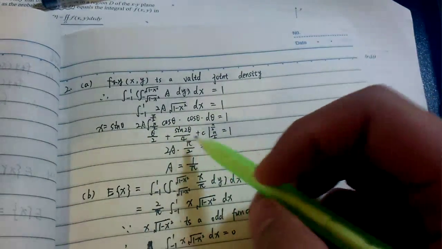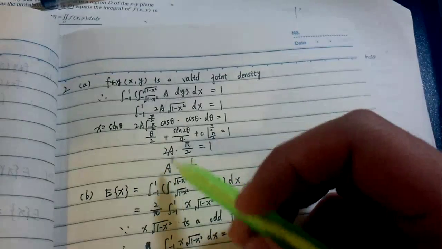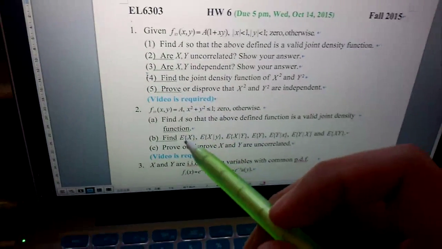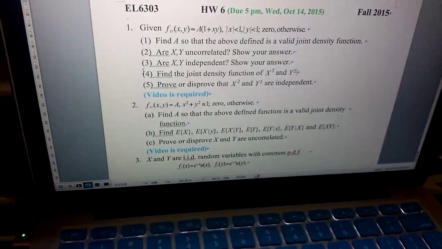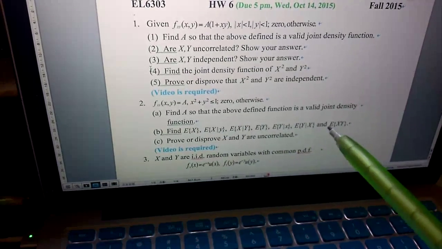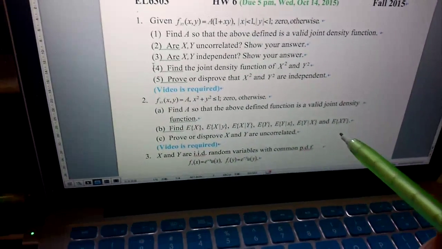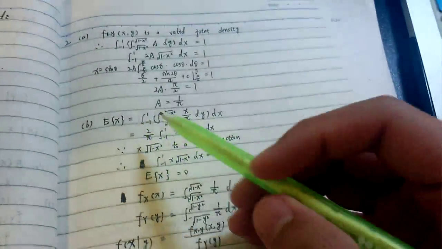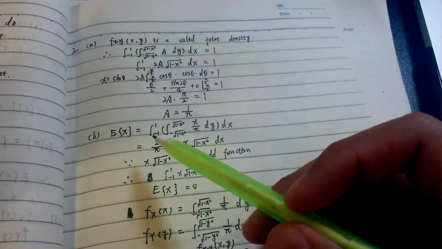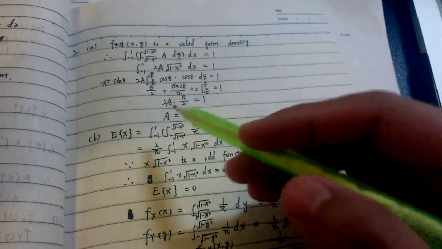Then we calculate it. That is a is equal to 1/pi, and the second part is to find these 7 things, and firstly we calculate E[X].